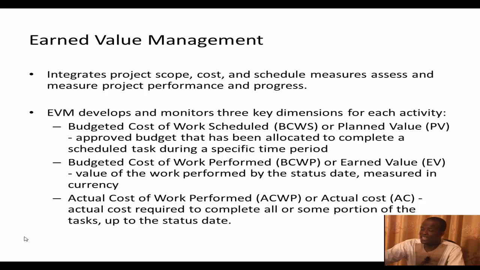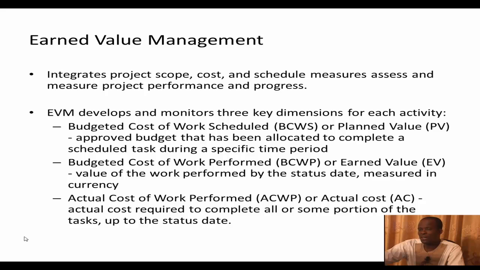Then the next key parameter is what we call the budgeted cost of work performed, or earned value. Now, this is the value of the work performed by the status date, measured in currency. So, as I indicated, if an activity A is supposed to take 2 days and cost 100 Ghana cedis, it's possible that at the end of the 2 days we've only done 50% of the work. That 50% of the work is what we call the earned value.